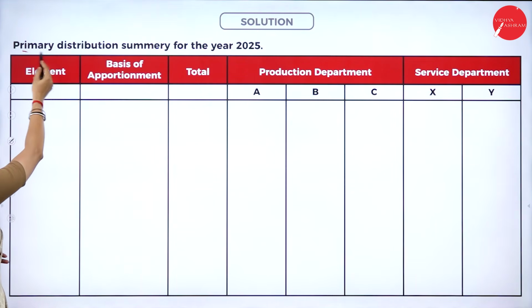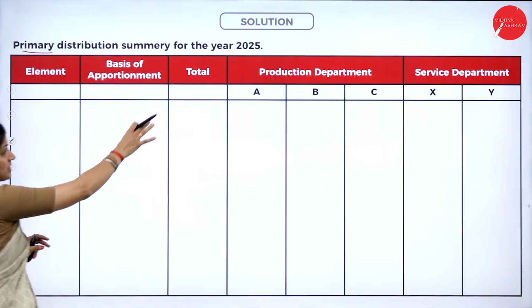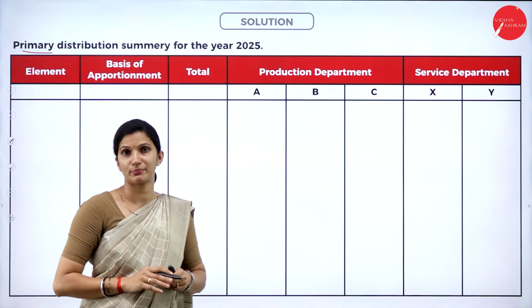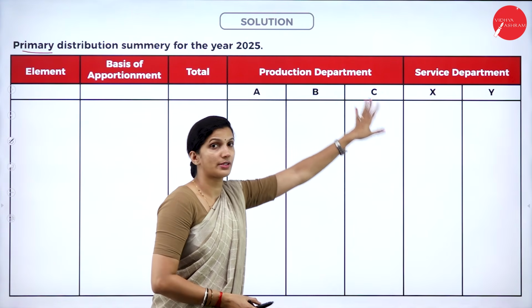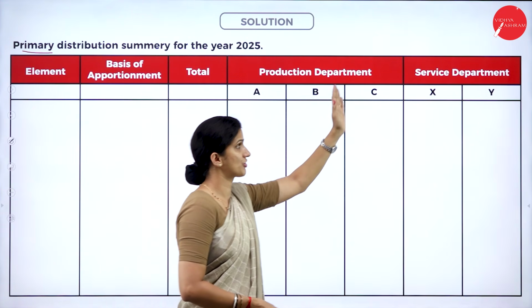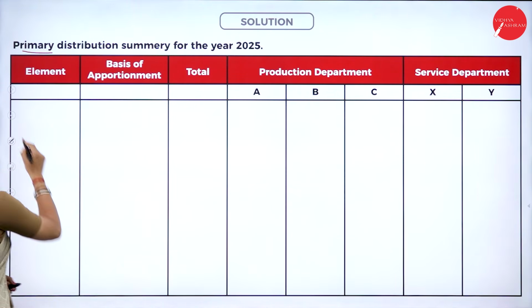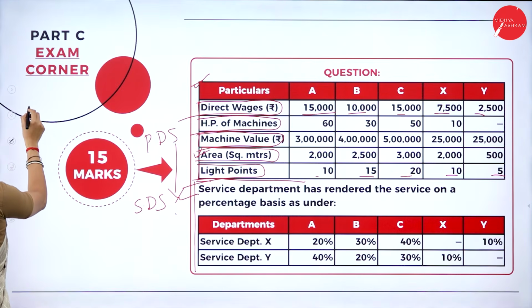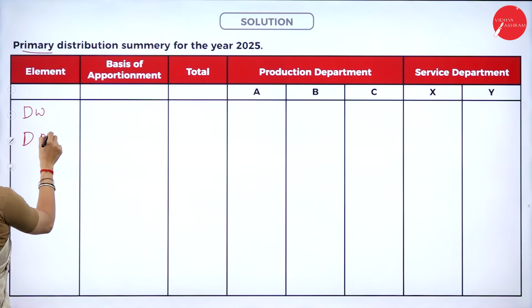First we'll prepare the primary distribution summary for the year 2025. Here we have the element column, then the basis of apportionment, then one total column, then 5 individual department columns. Here you have to clearly mention which are the production departments A, B, C, and which are the service departments, X and Y. Before we go for the allocation, first we need to write the direct wage and direct material.